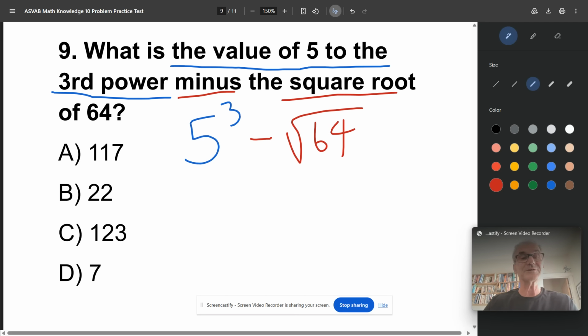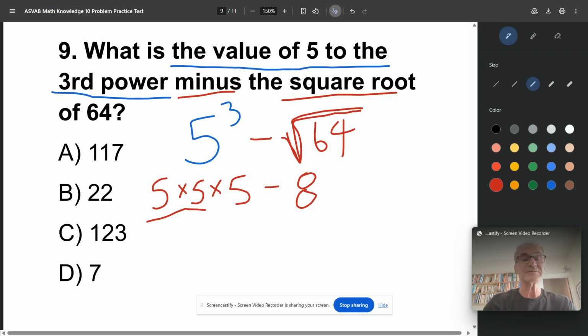Without a doubt, that's one of the hardest parts of the problem, is figuring out what they're asking.